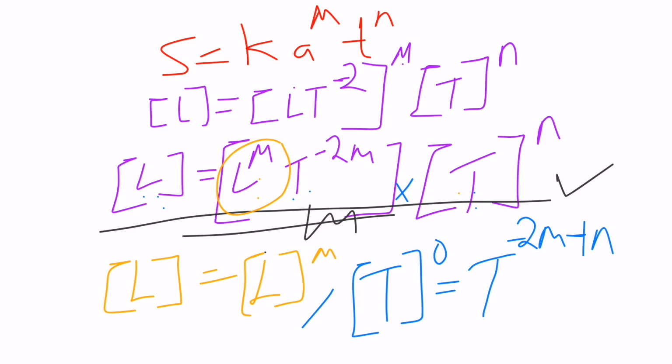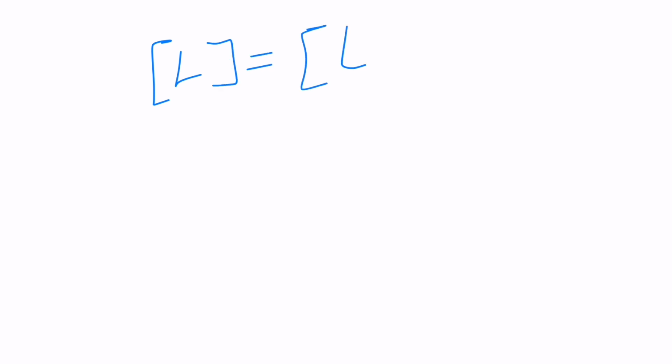So if you have categorized this into different quantities like this, t with t, L with L, then you can find m and n. So what is our m now? We say it is this raised to the power m.